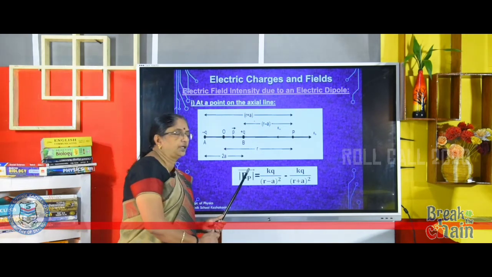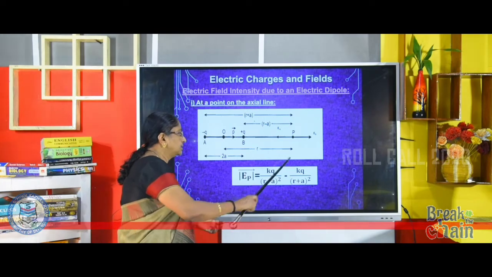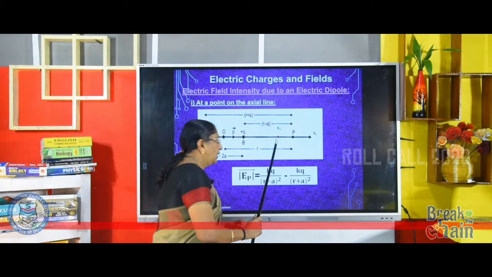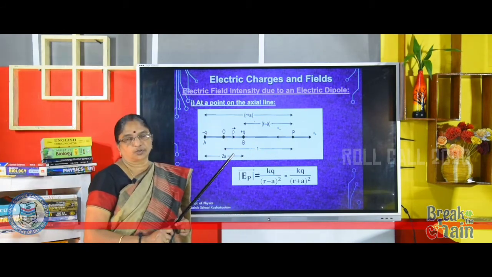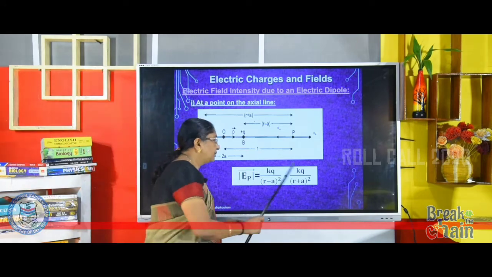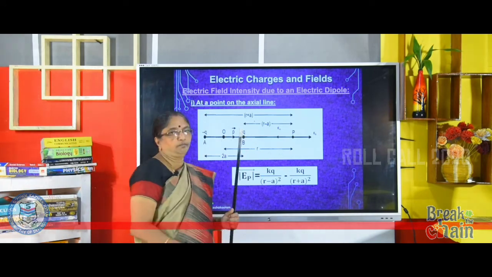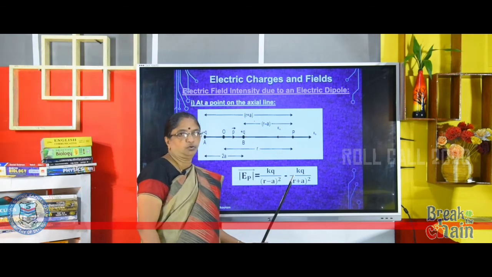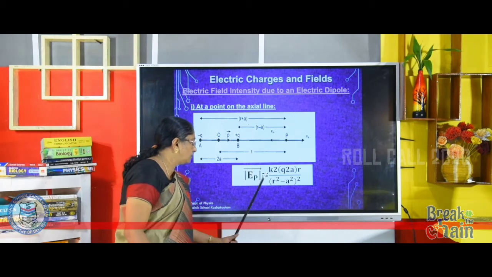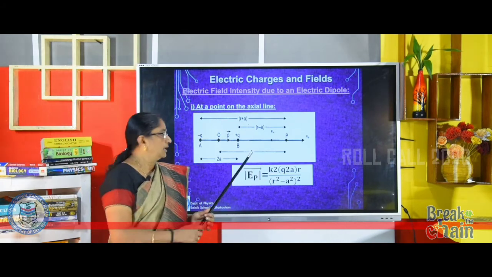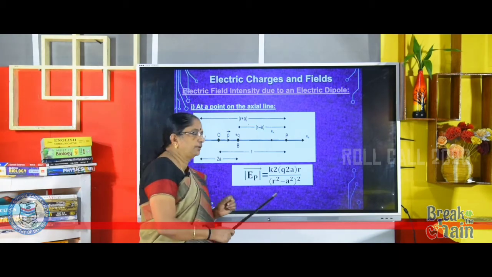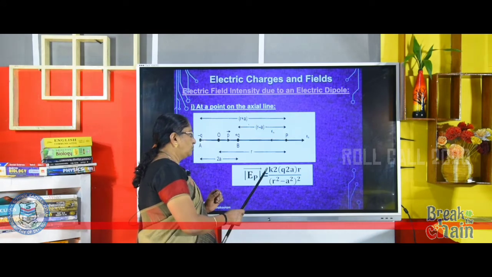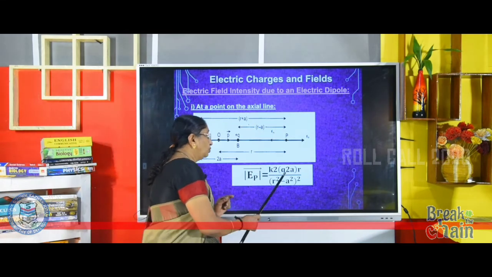So the magnitude of the resultant field at P can be written as EB minus EA, and EB is kq by r minus a the whole square and EA is kq by r plus a the whole square. When you simplify this, the denominator is of the form r minus a the whole square into r plus a the whole square, and on simplification you will get this answer. Modulus of vector EP, or simply the magnitude of electric field intensity at P, is k into 2 into q into 2a into r.